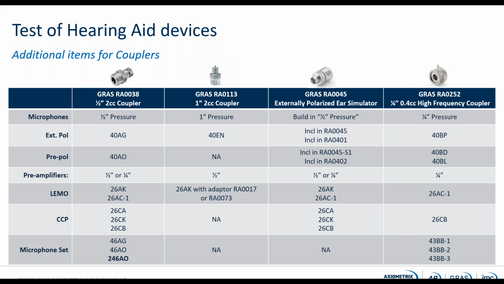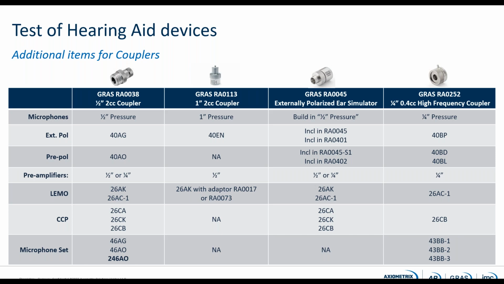For the 0.4 cubic centimeter coupler, you need a 1/4-inch pressure microphone, and it's actually one of the GRAS 1/4-inch pressure microphones, either a 40BP if it's for externally polarized, or the 40BD or BL if we're talking pre-polarized.